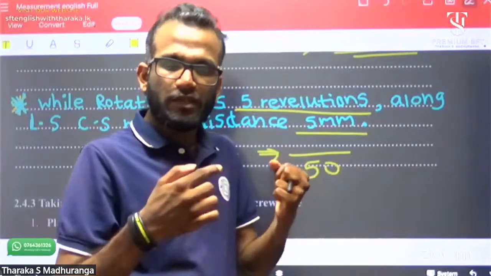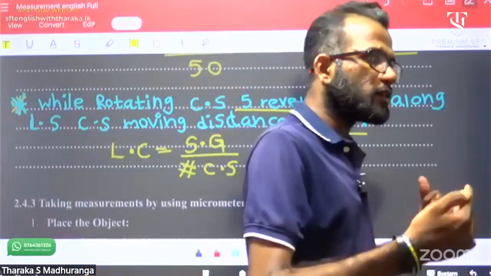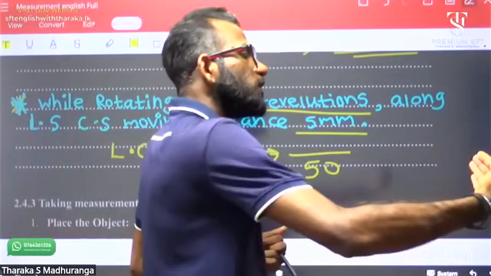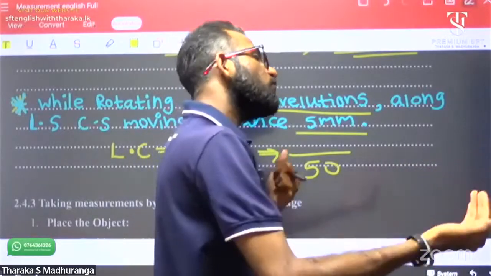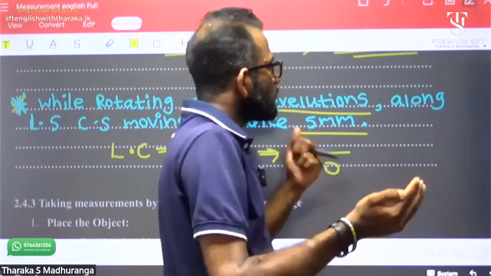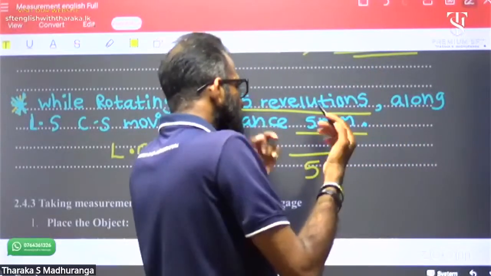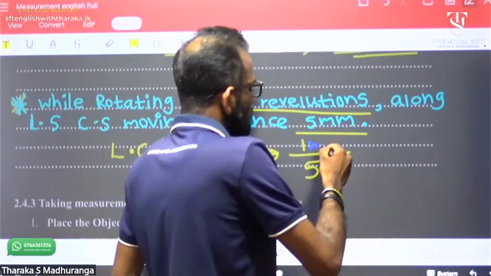Now this question says 5 millimeters move in 5 revolutions. So for one revolution, 5 millimeters divided by 5 is 1 millimeter.